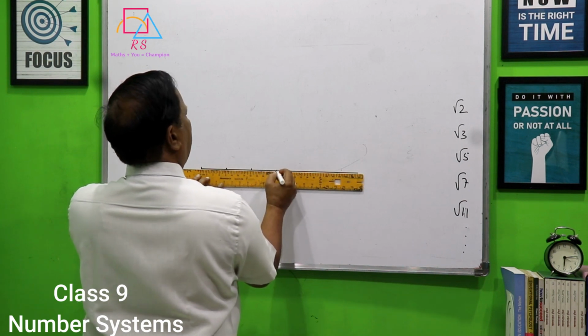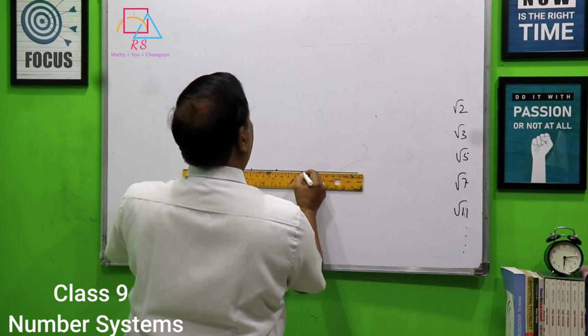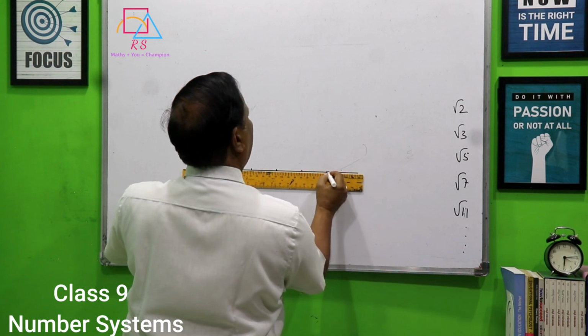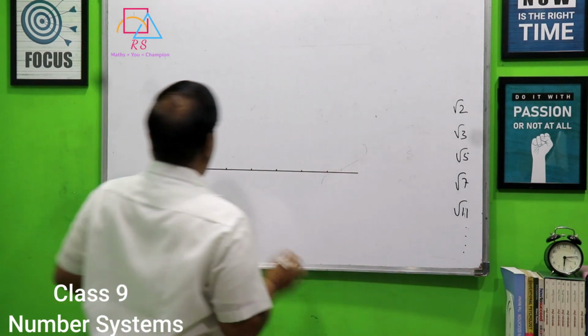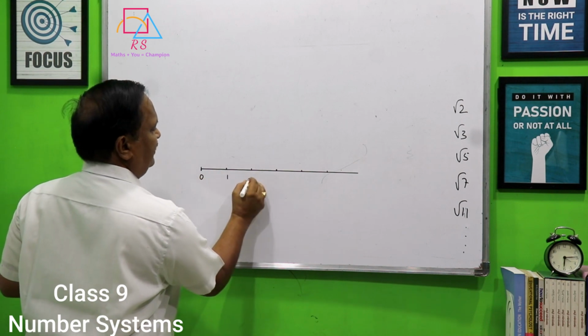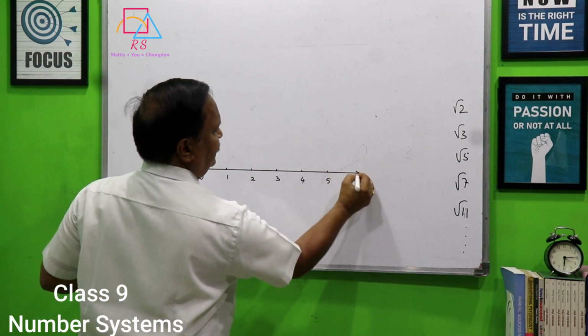I'm putting equal marks here. Even I have put equal marks. So this point, let us say 0. This is 1 and 2, 3 and 4 and 5 and so on.